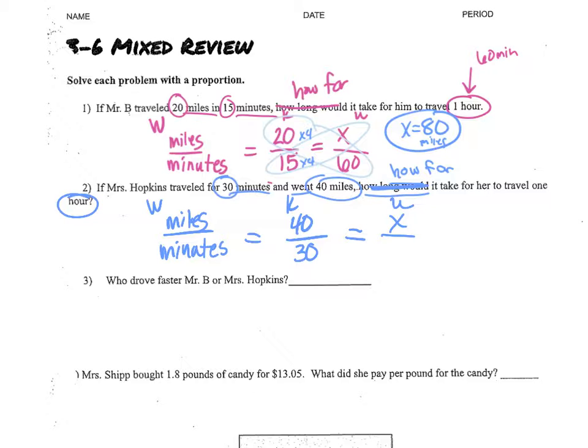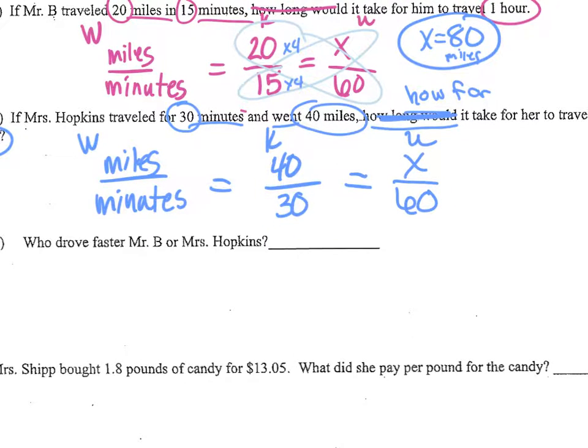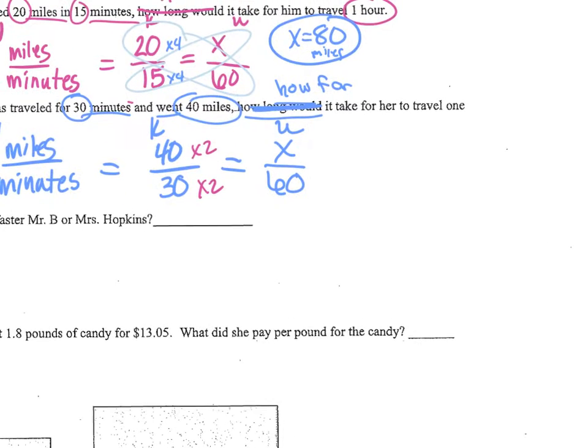But remember, we were talking about minutes, so I have to put 60 down at the bottom. If it freaks you out to scale up and scale down, you can cross multiply and divide. Or how many times can 30 go into 60? 2. So we can multiply the top and bottom by 2.